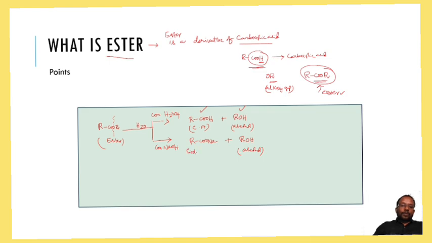This is called sodium salt of carboxylic acid, or simply sodium carboxylate. On acid workup, this sodium carboxylate forms carboxylic acid.